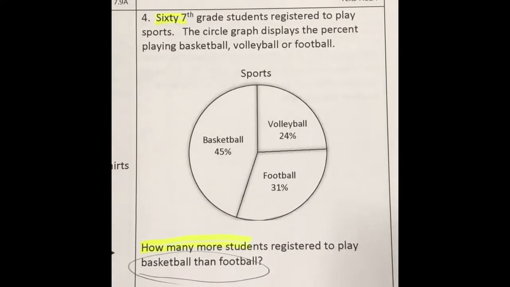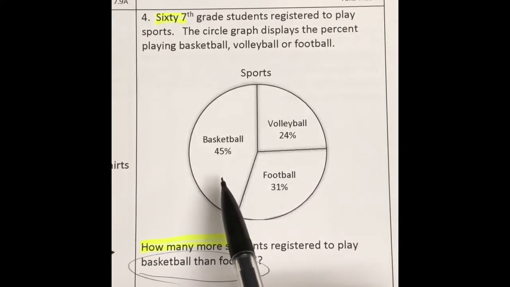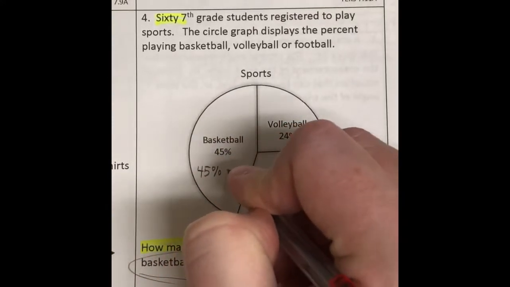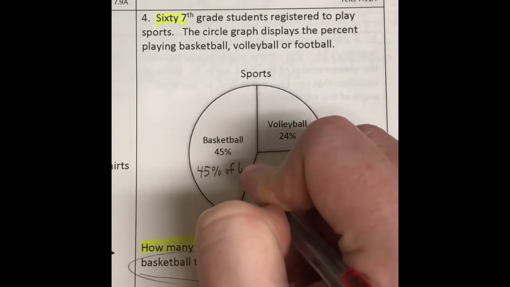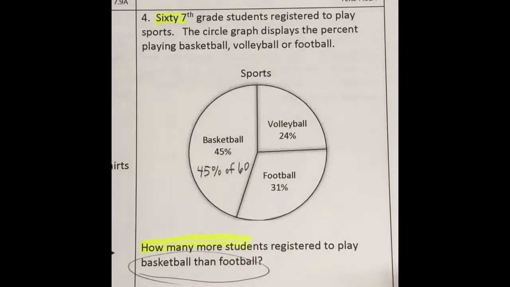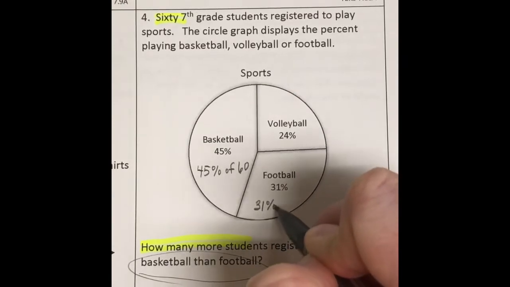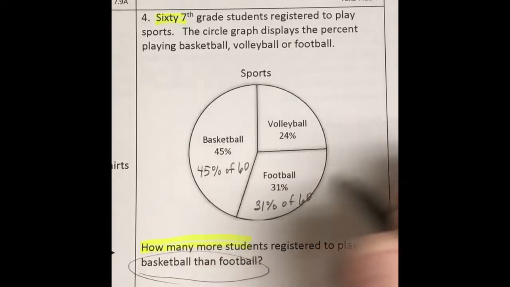So what you have to do is, these aren't the number of students, these are the percent of the students. So what you have to do is you have to find how many kids is 45% of 60. And then for football, you have to find how many is 31% of 60.